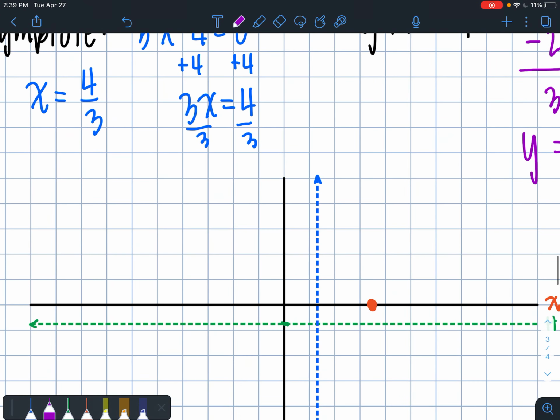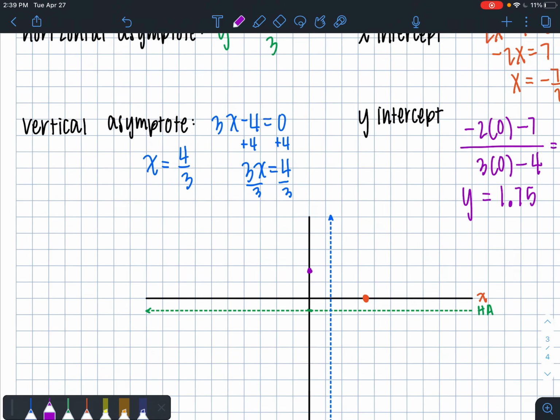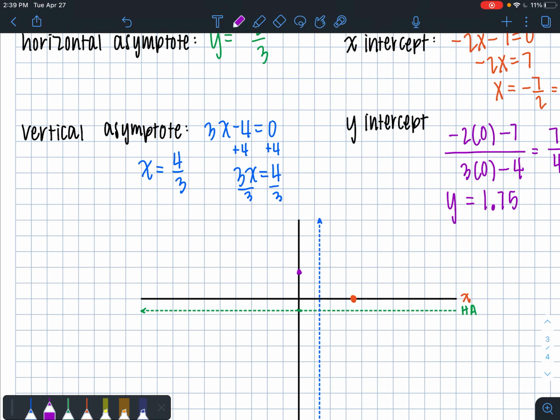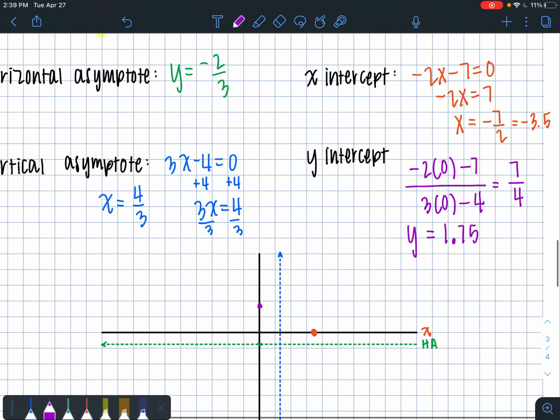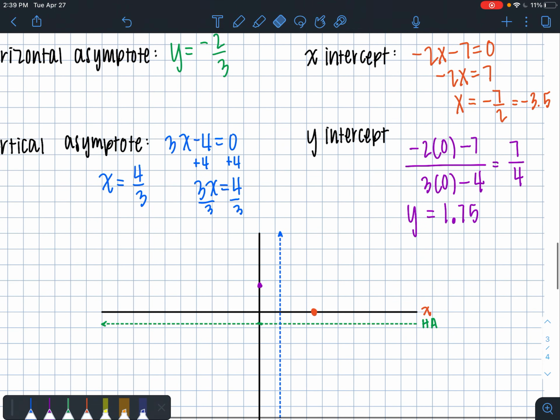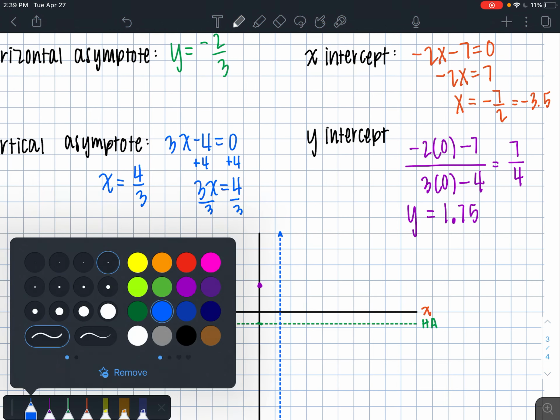So I'm going to graph 1.75. Oh, because this is supposed to be negative 3.5. There we go.